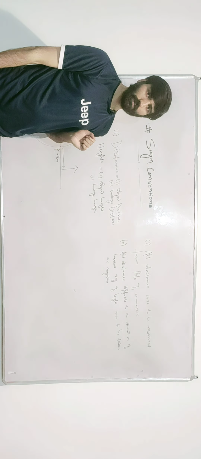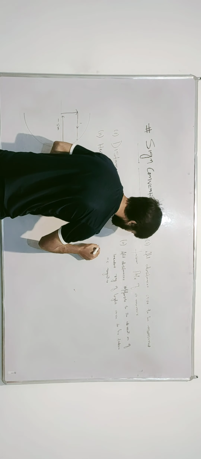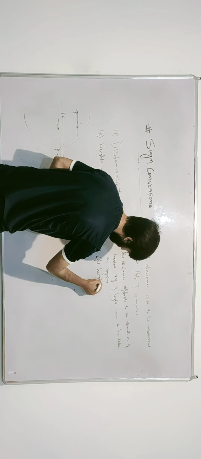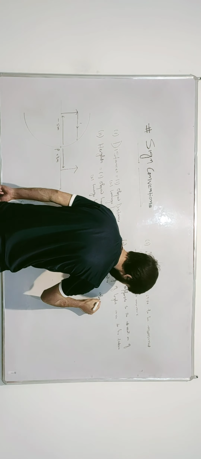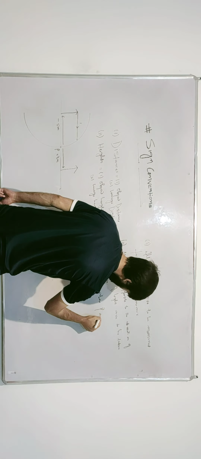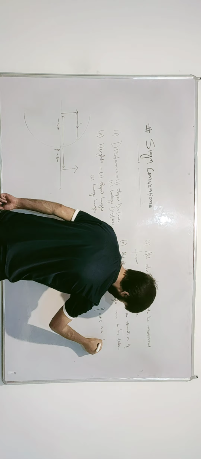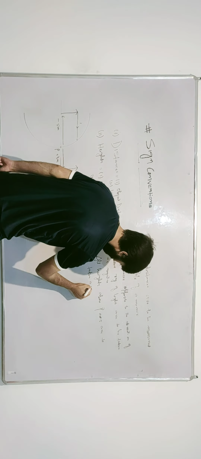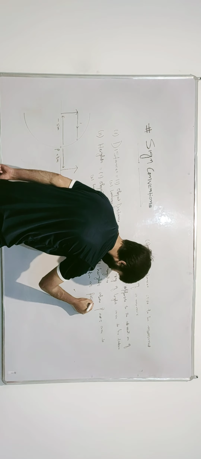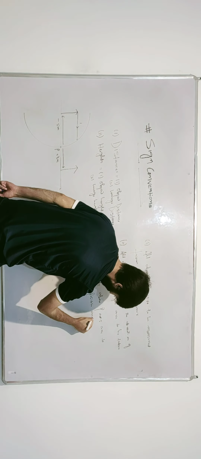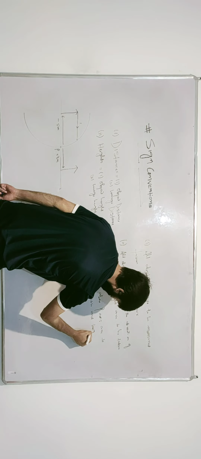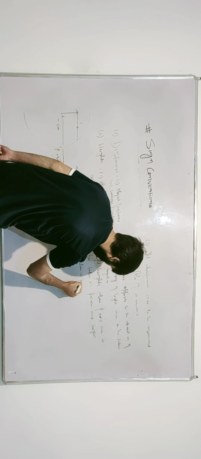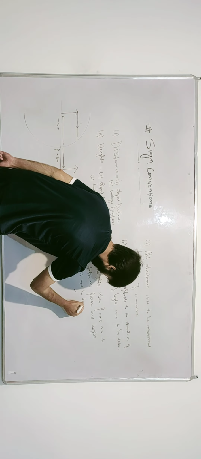Now coming to convention number 3, the last convention. It says all heights above the principal axis are to be taken as positive, and heights below it will be taken as negative.